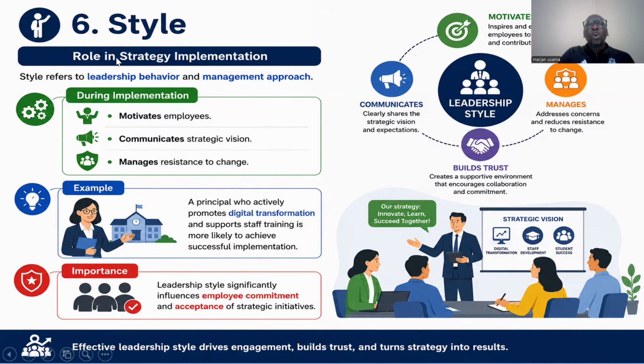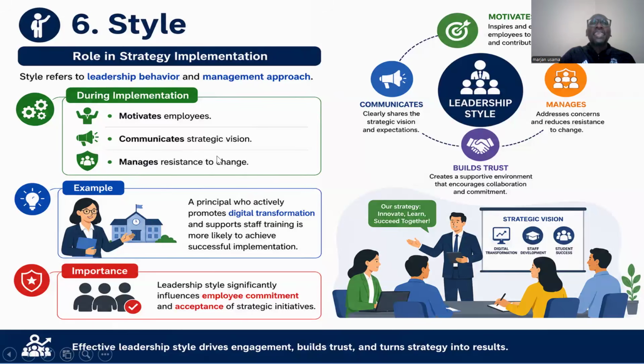Then number 2, communicate strategic vision. The leaders are the ones who do what? The leaders are the ones who communicate the vision. So poor leadership, poor communication, poor implementation. Good leadership, good communication, then successful implementation, right?